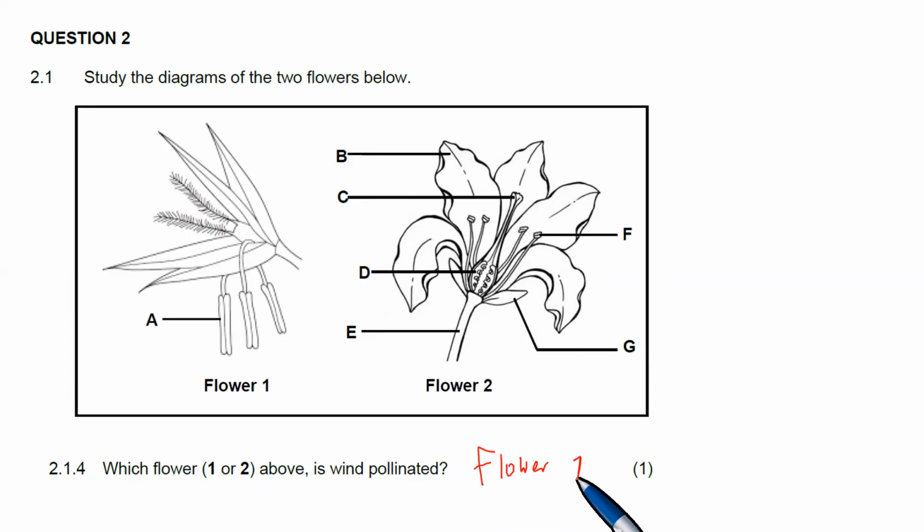It's clearly flower one that is wind pollinated. So it's flower one. Next question.